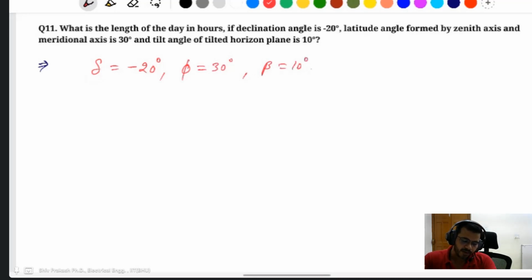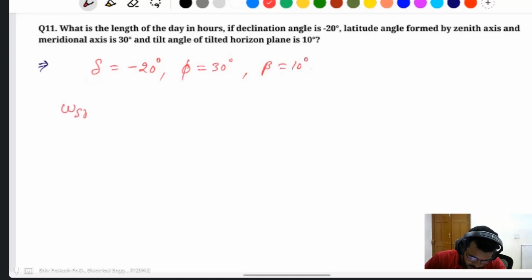Let's ask about the length of the day in hours. Length of day you can calculate from the hour angle, from sunrise to sunset. If you add both the sunrise and sunset angles, you can find the overall angle. Once you find this, you will get the total hours of a day. So first calculate the hour angle.